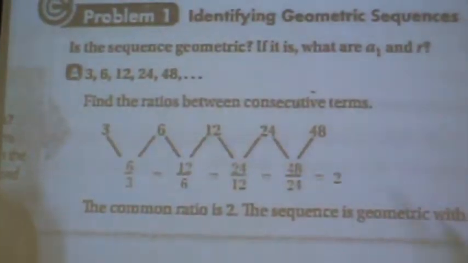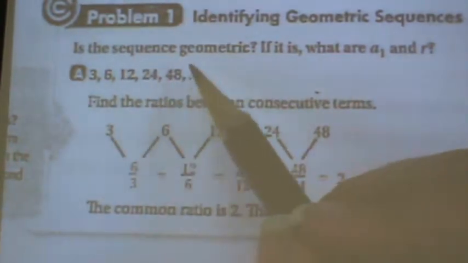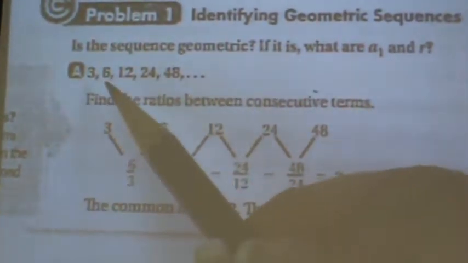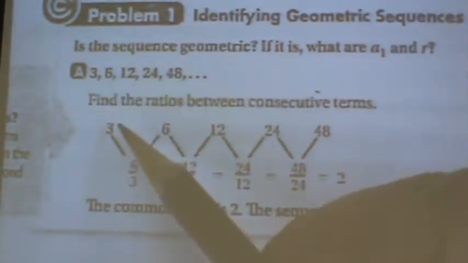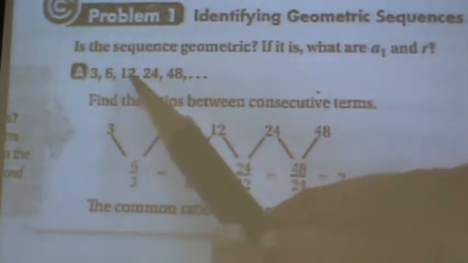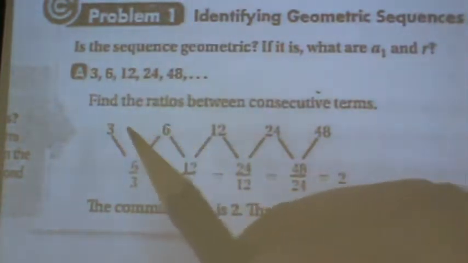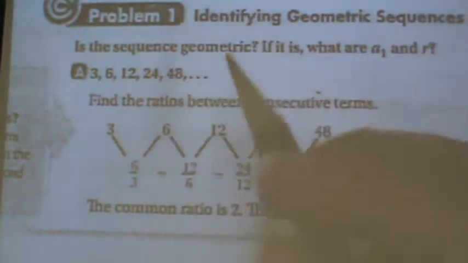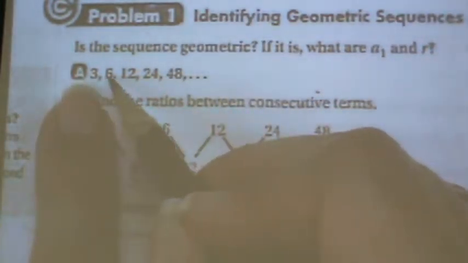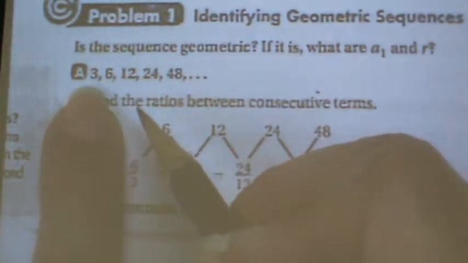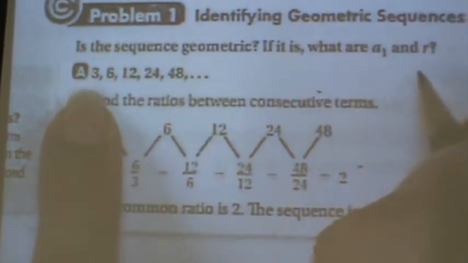So if you look at these examples, problem number 1. Is this sequence geometric? They're going from 3 to 6, 6 to 12, 12 to 24, 24 to 48. This is called geometric because they are multiplying each term by 2. So 2 is your common ratio.